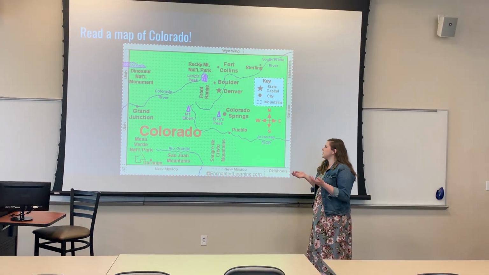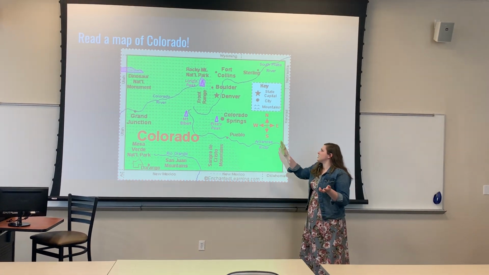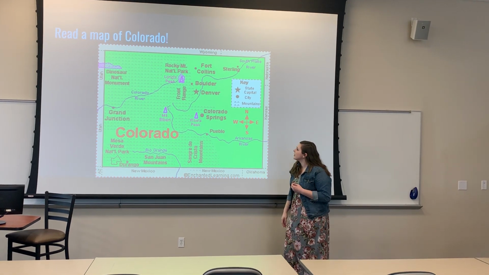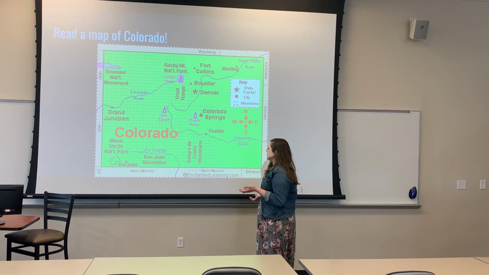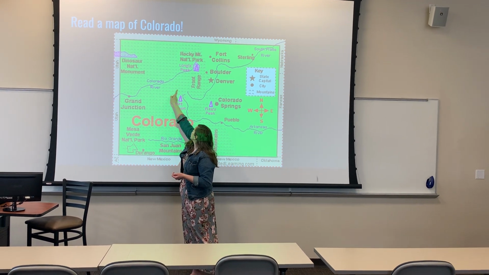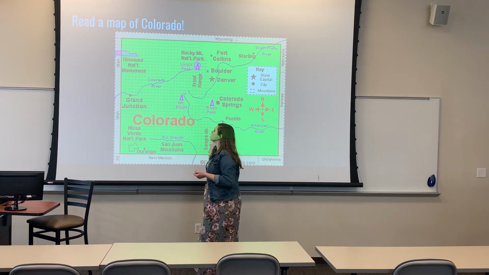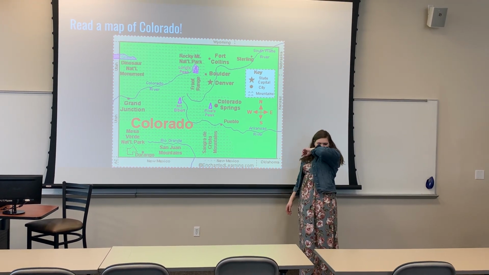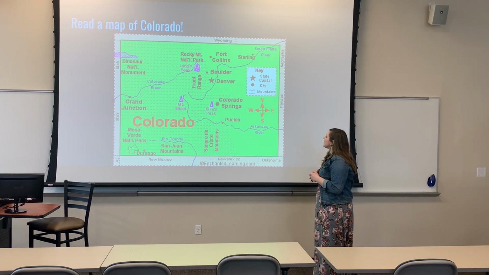So it's still an important thing, but maybe they just didn't have the time or forgot to write it on the key right there. You'll also notice some other things. There's some national parks that are noted on here, national monument, and again, those aren't on the key, but they're still a part of the map there.